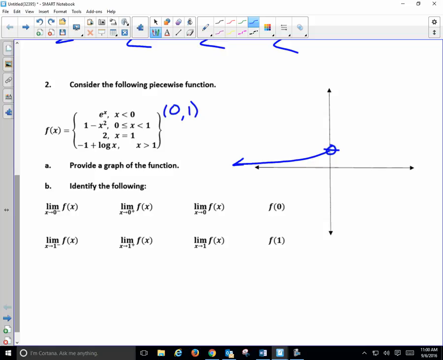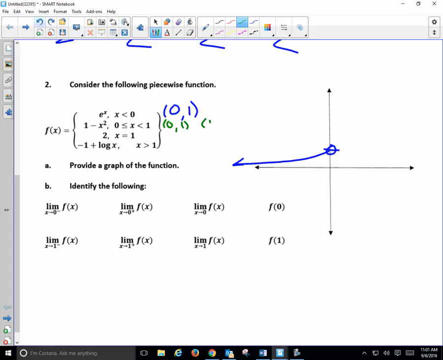1 minus x squared, what does that look like? Yep, shifted up 1 unit, right? So that's what I'm going to graph, but I'm not going to graph all of it. I'm only going to graph the endpoints and connect in the middle. So I plug in 0, and what do you get? 1.